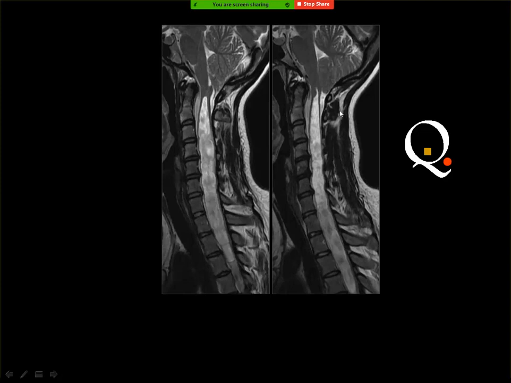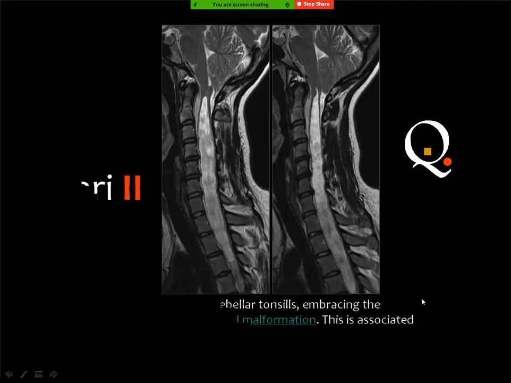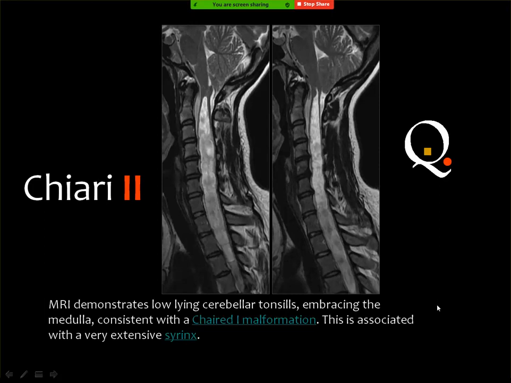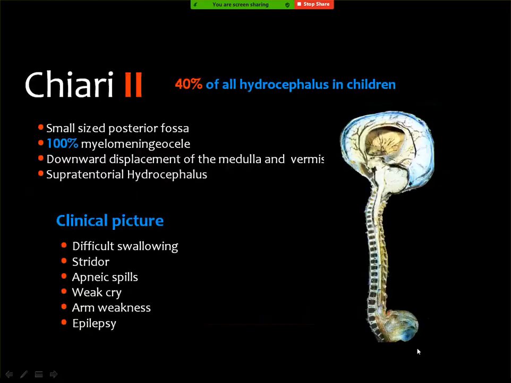Then if you look carefully at the foramen magnum, you see that the tonsil of the cerebellum is going down below the level of the foramen magnum. Actually, this is a Chiari malformation, which will be discussed in detail in the pediatric module.